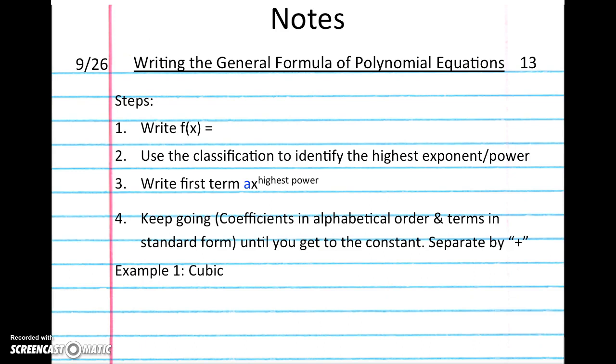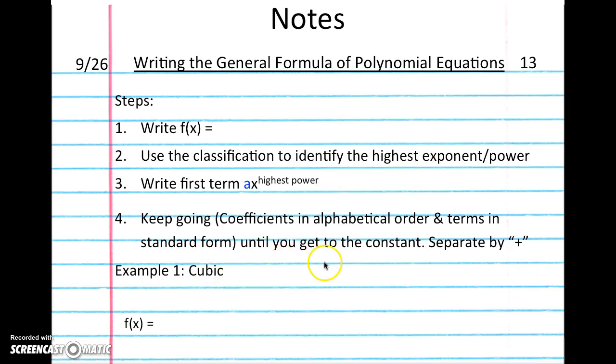For example 1, if you're asked to write the general formula for a cubic function, the first thing you're going to do is write f of x equals. This is just to remind you that you're writing an equation, because remember, equations have an equal sign with something on either side. So f of x is on the left side of the equal sign. That means we need to fill in the space on the right side. That leads us to our second step, which is to use the classification to identify the highest exponent or power.